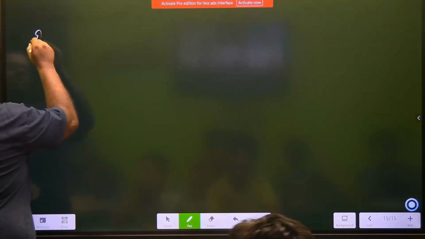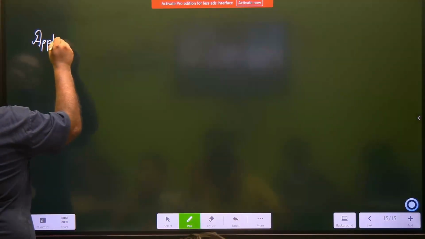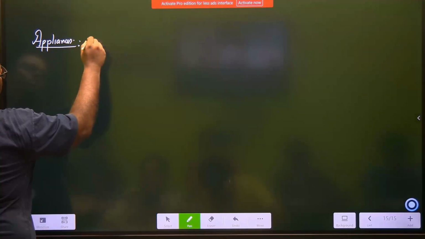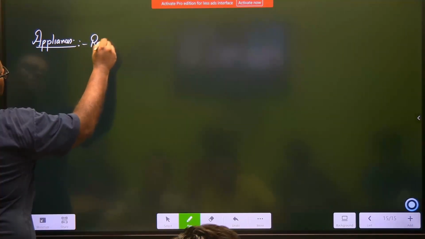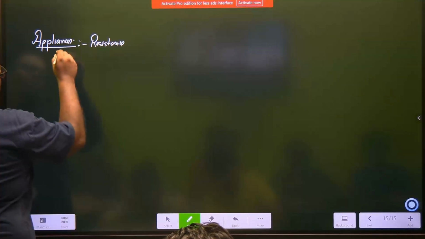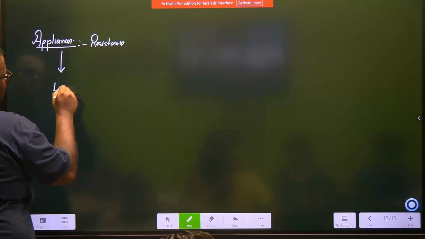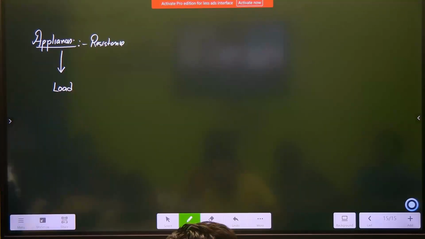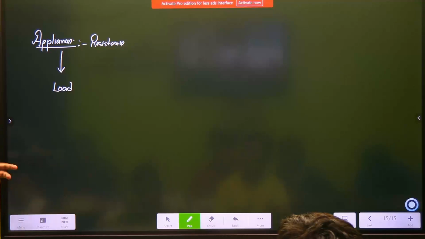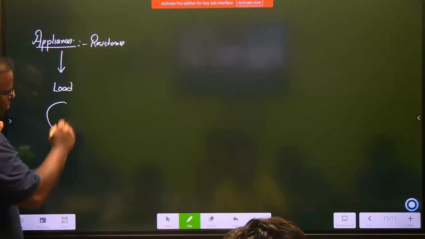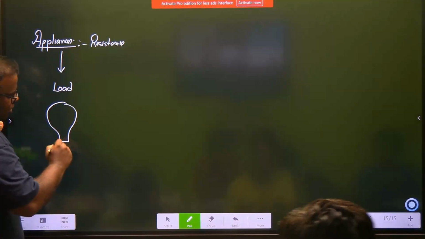Now let's talk about appliances. Every appliance has got a resistance. That's why appliances in electrical engineering chapters will also be referred to as load. Load means a sort of resistance. Let's look at an electric bulb, the glass bulb that you have purchased from a shop.